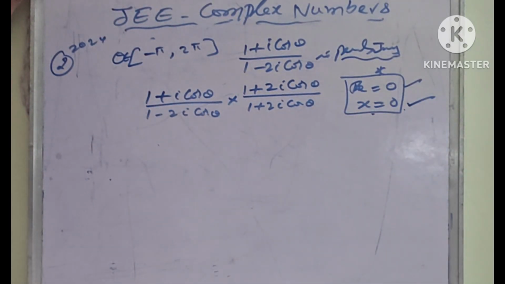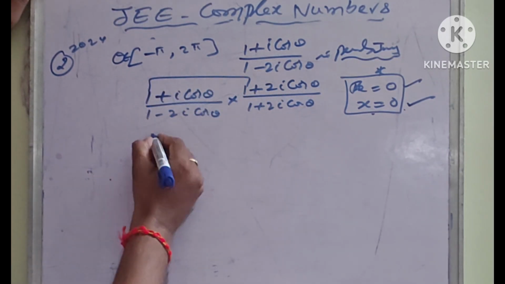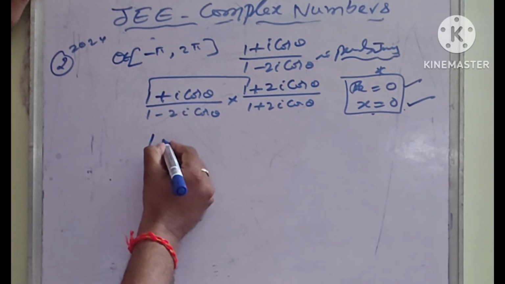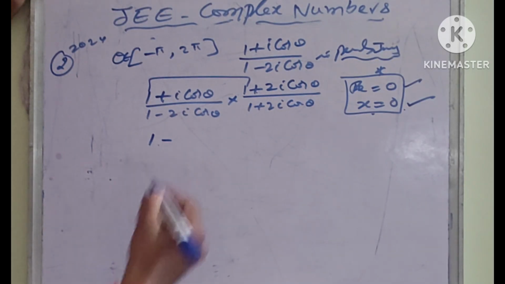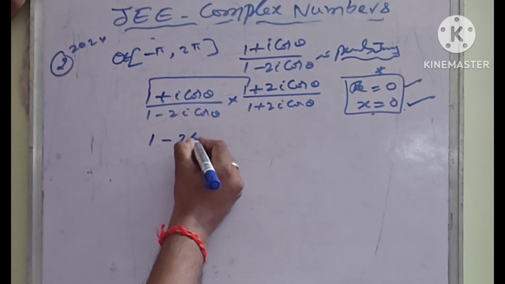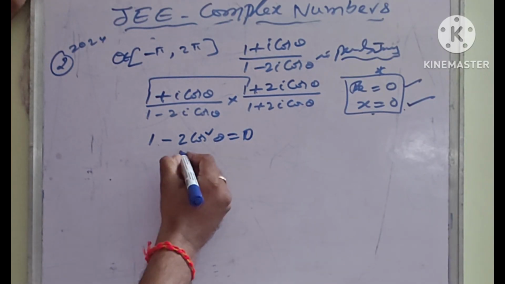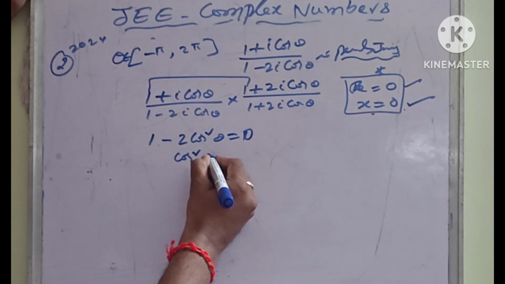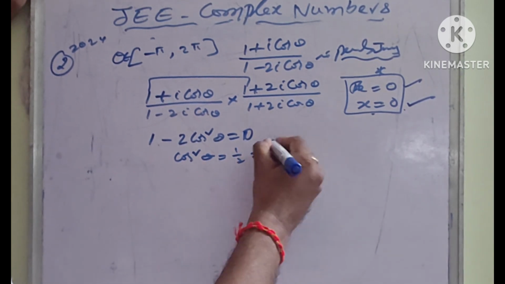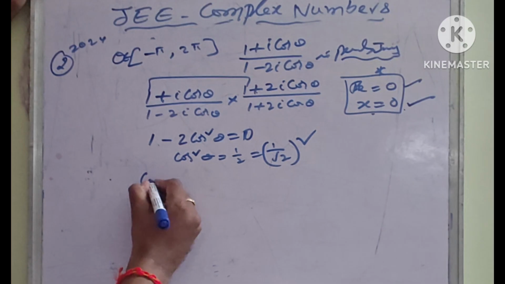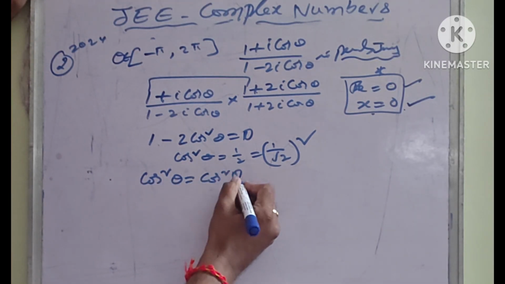Here, in our problem, x is equal to 0. So what is the real part? 1 into 1 is 1. Plus into plus is plus, that is minus, where i square is equal to minus 1. Then cos theta into 2 cos theta, 2 cos square theta is equal to 0. Now cos square theta is equal to 1 by 2. Here 1 by 2 means (1 by root 2) whole square. Now cos square theta is equal to cos square pi by 4.